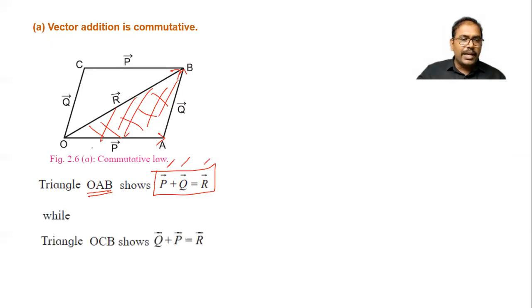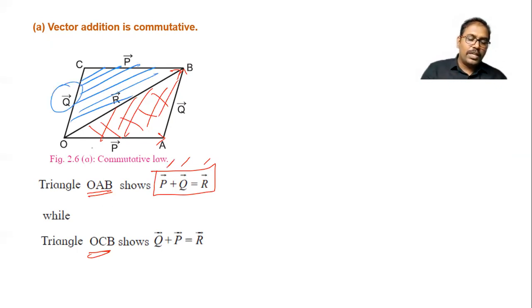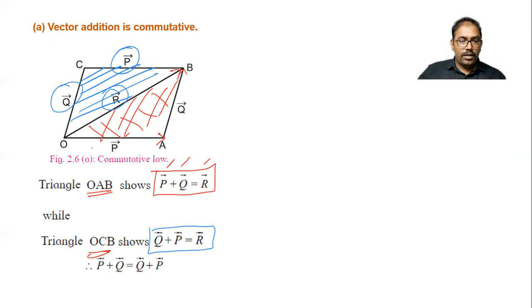In a similar manner, we can apply the triangle law to this triangle OCB. So for this one, we can write the first side Q bar plus P bar is equal to R bar.